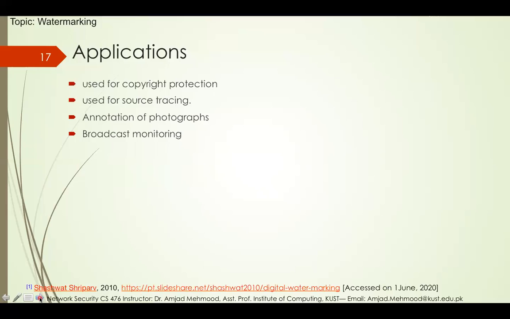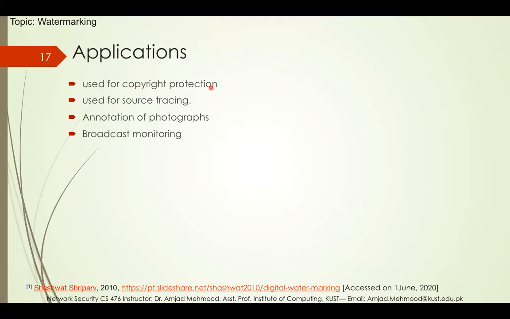Now, applications of watermarking. It is used for copyright protection, as I've shown in my previous slides. For example, if you have a problem of copyright or data protection inside your image, in such kinds of applications, you can use watermarking technology.